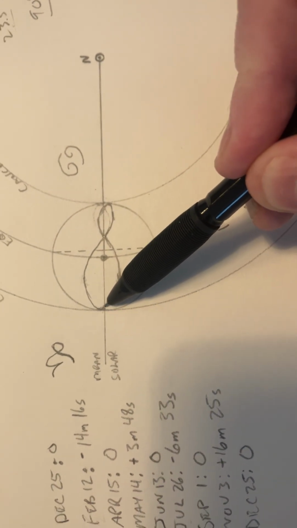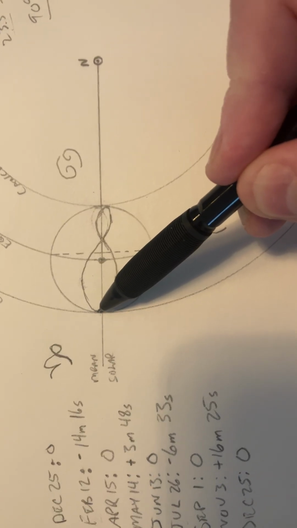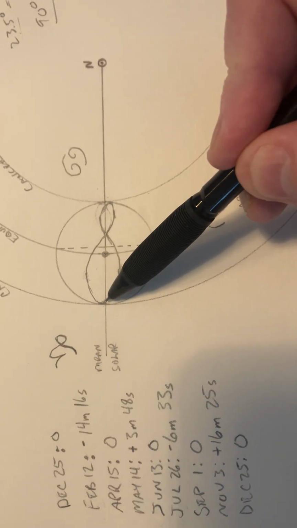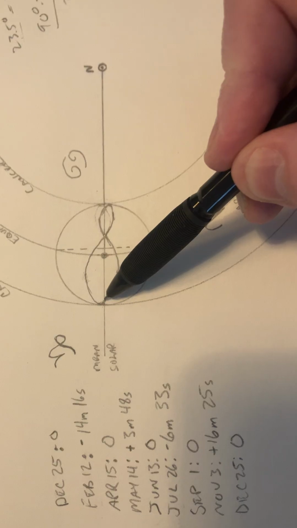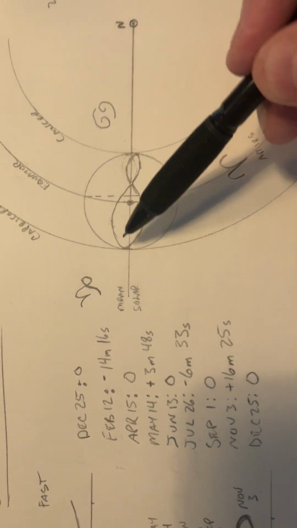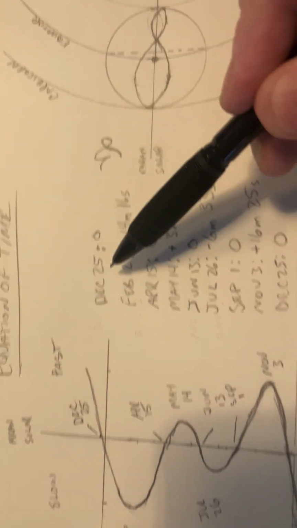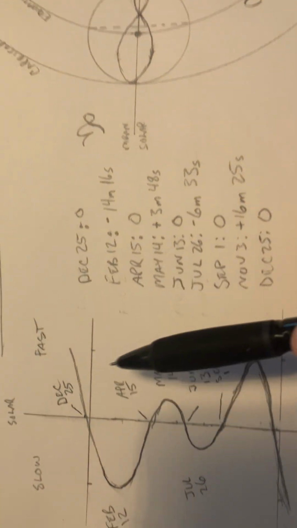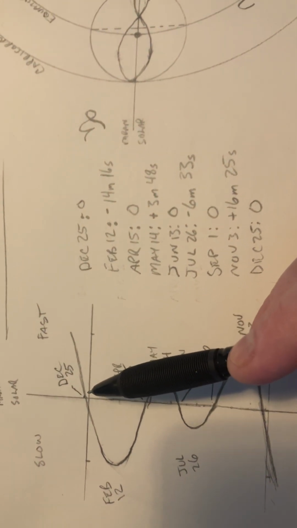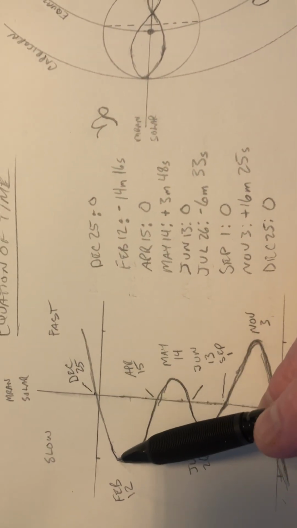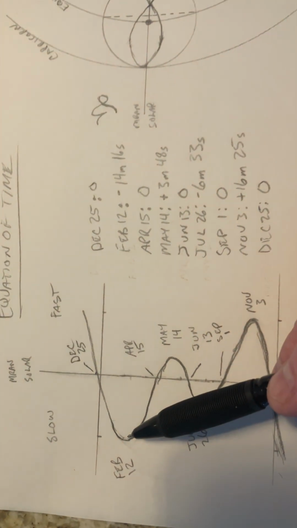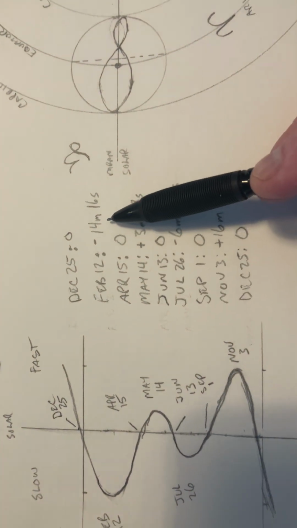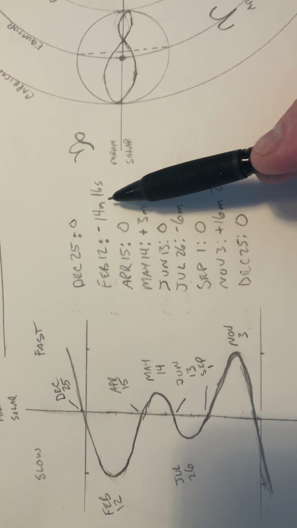This happens 4 days after the solstice. The solstice happens December 21st, and the crossing is going to happen on Christmas, December 25th. So our equation of time is going to coincide there, and then we're going to get to our peak, which is going to be 14 minutes, 16 seconds slow.